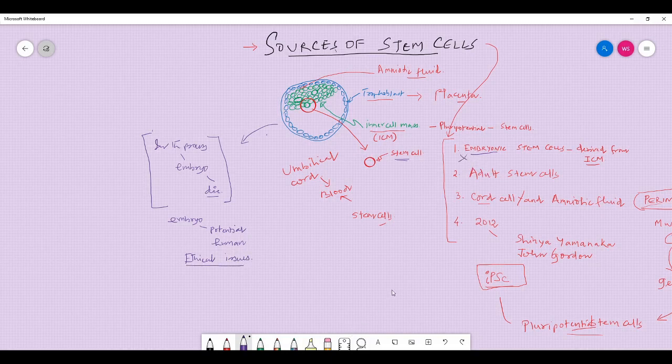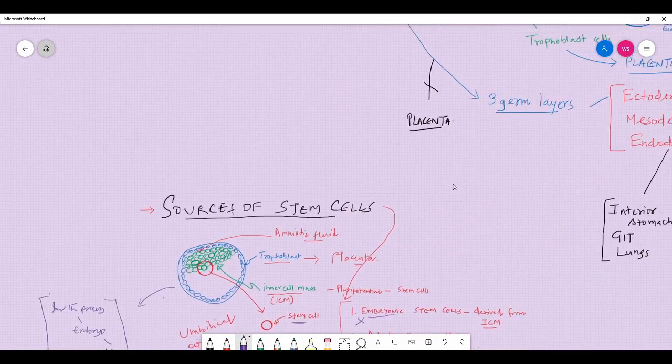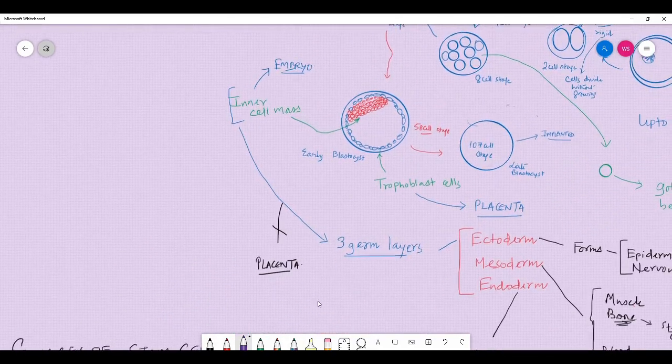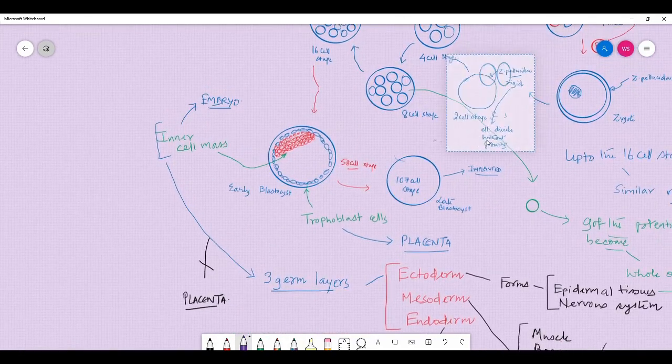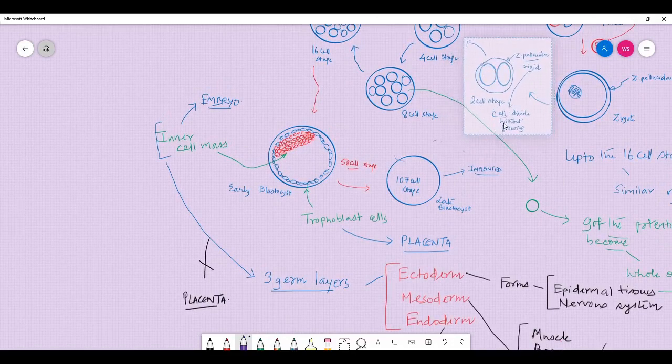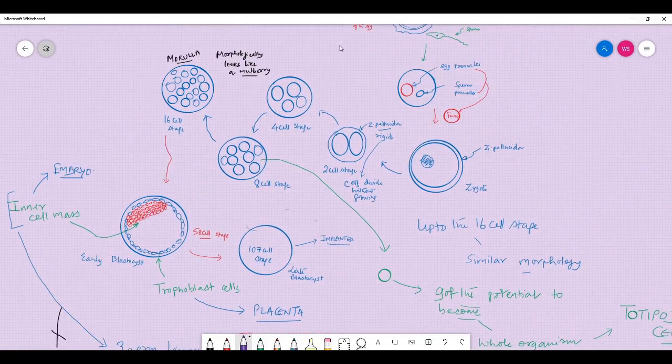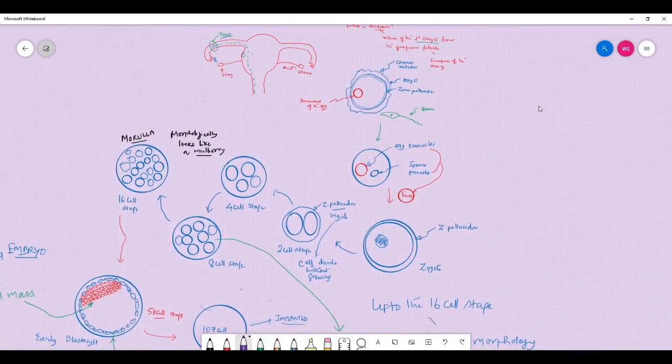Let's look at the second option, adult stem cells. So let's go back to our diagram. In the beginning, there was a sperm and an egg.